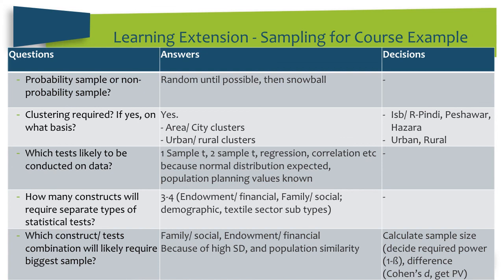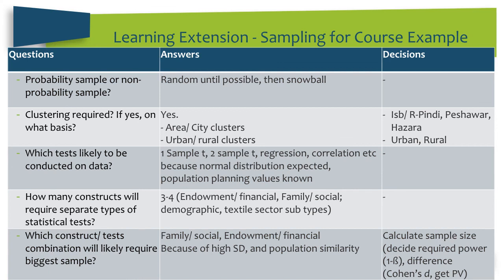This is kind of true for most of the areas in Pakistan. Nobody likes women mixing with men, and nobody likes interest. So in this particular construct, I'll require a lot of data. Why? Because the difference is difficult to detect, because the standard deviation is high and the population is similar. So I'll require a larger number of samples.